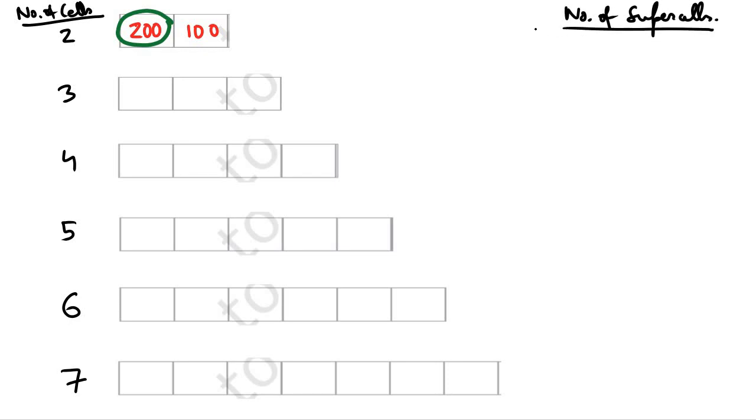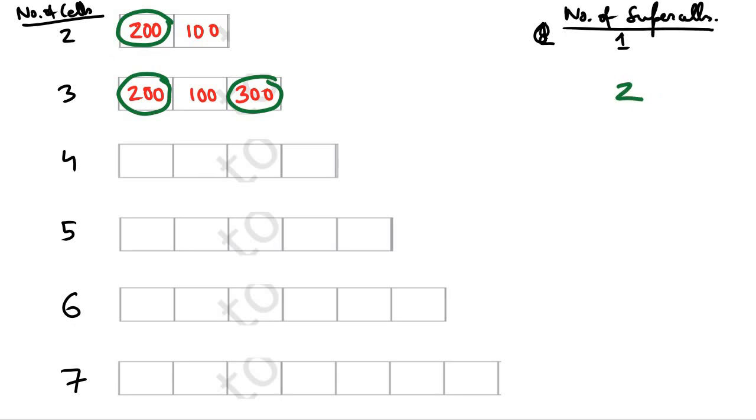So here it will be 1. Next, let me continue: 200, again 100, and this time I am putting 300. How many supercells? See, 1 and 2. So 2 supercells.